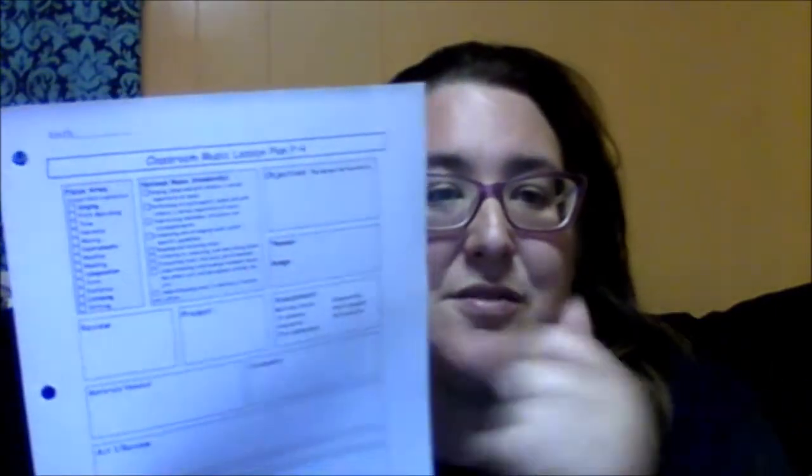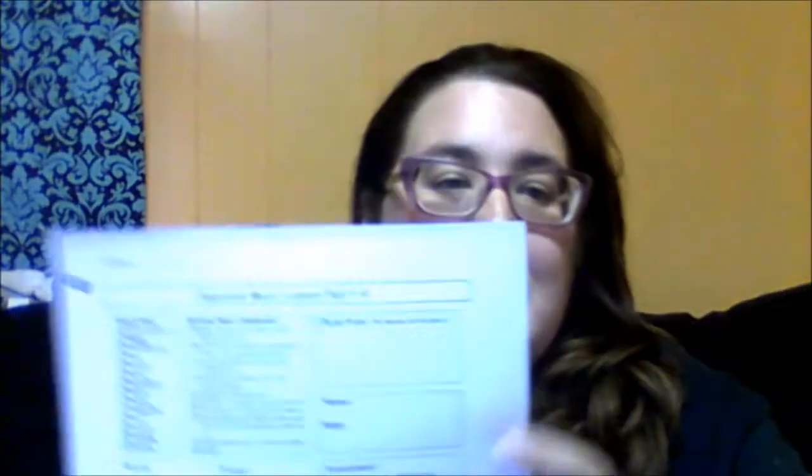He used the national standards, which are all basically the same for the early elementary up through about 5th grade. But Oklahoma, where I teach, has just finished revamping their music standards and have a more layered effect for them. So I am going to have different lesson plan setups for each group.